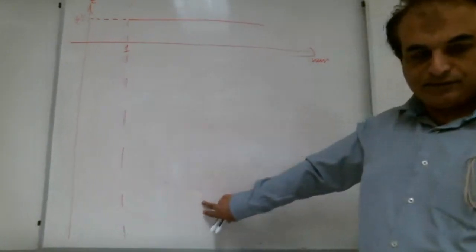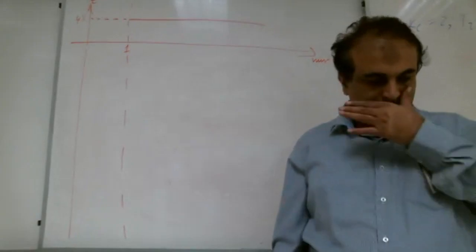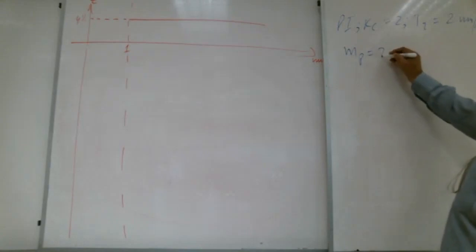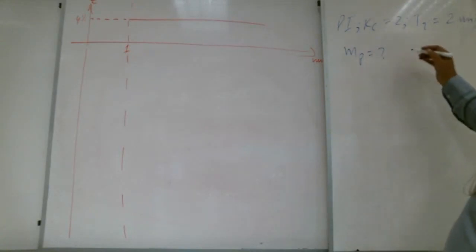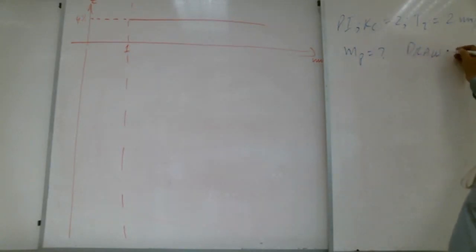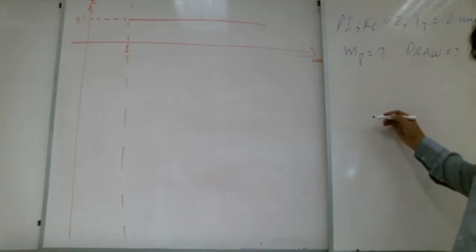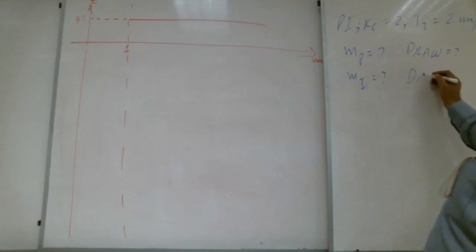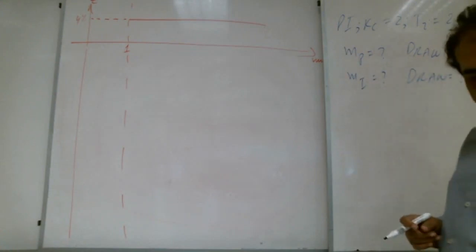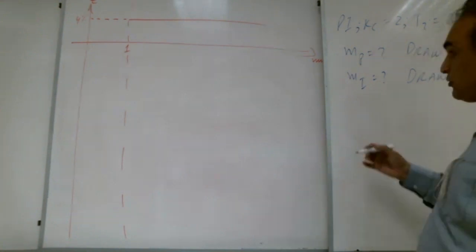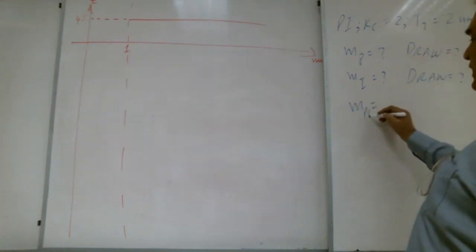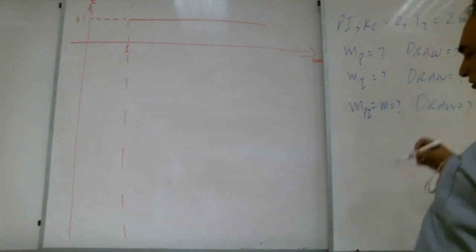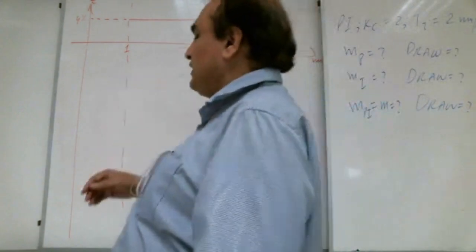Determine one, the controller output due to proportional action, so we need to find MP and draw. Then two, the controller output due to integral action, MI, and draw. Then three, sketch the controller output, so we need to find the total output MPI and draw. This is our task for this given error.